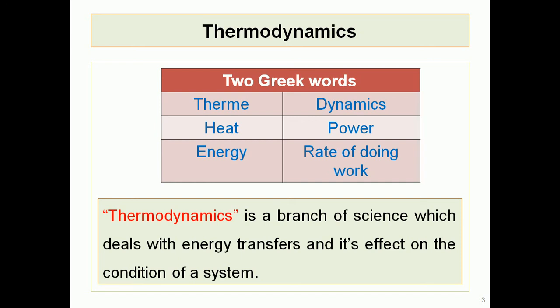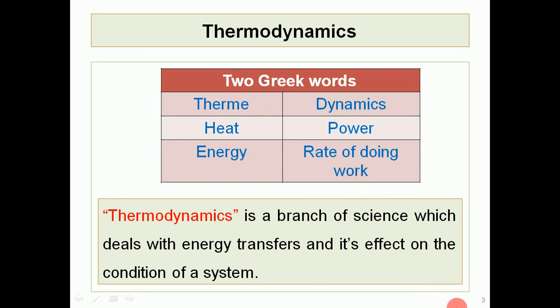This word thermodynamics comes from two different Greek words: one is therm and second is dynamics. Meaning of therm is heat and dynamics meaning is power. Heat we know is a form of energy and power is a rate of doing work. So this is also a form of energy.